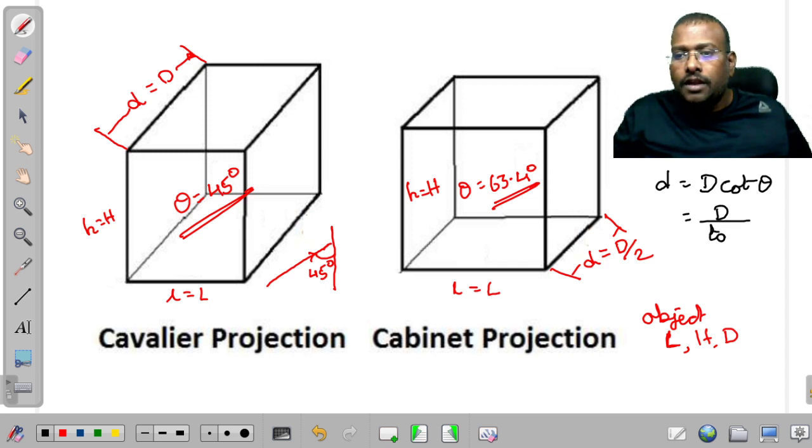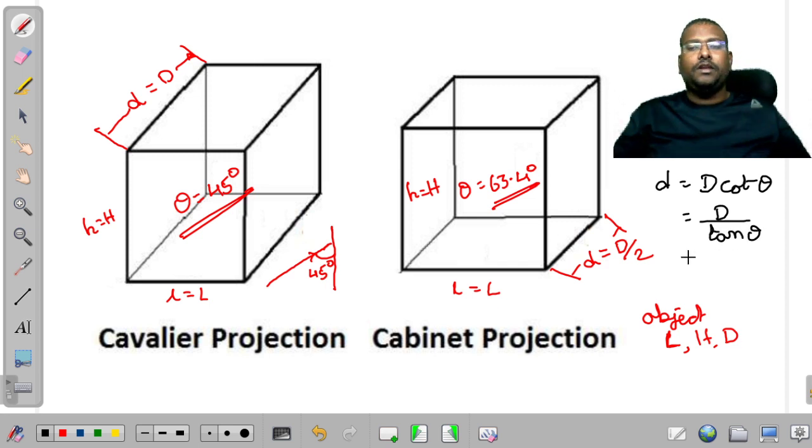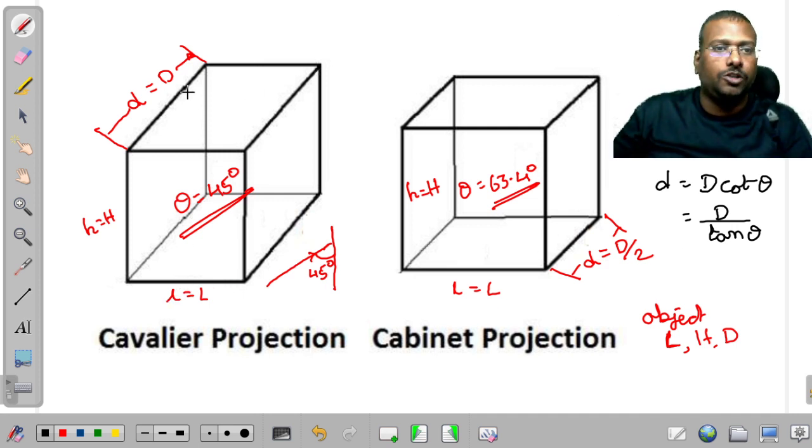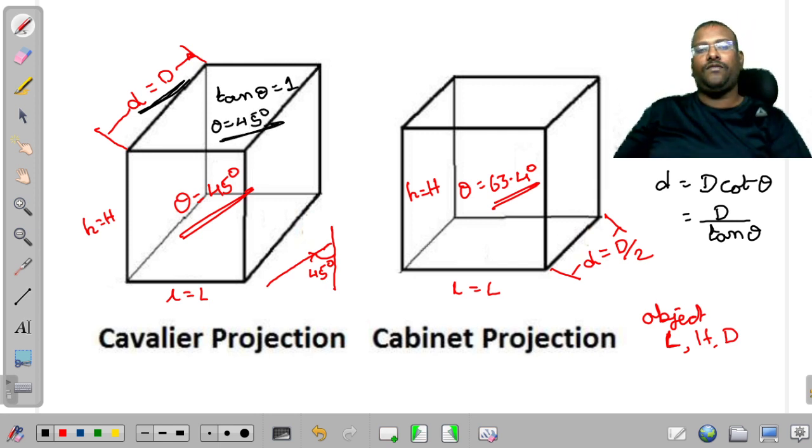Sir, for Cavalier projection, in order to get capital D equal to small d, the denominator should be 1, that is, tan theta should be equal to 1. For which angle is tan theta 1? For theta equal to 45, tan 45 is 1.